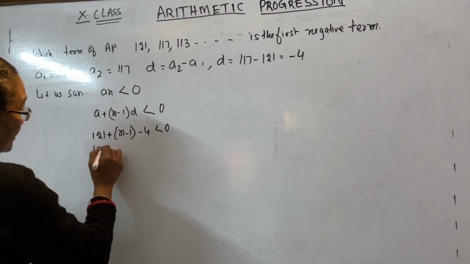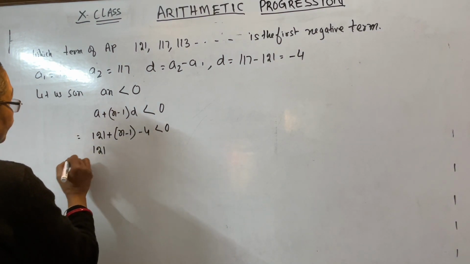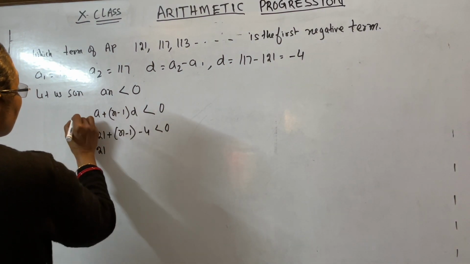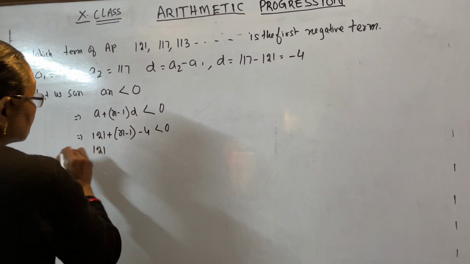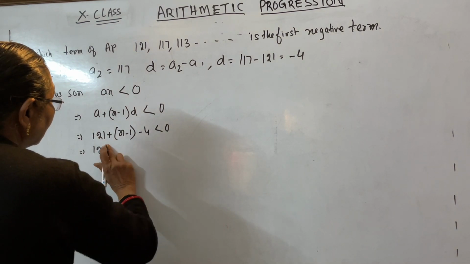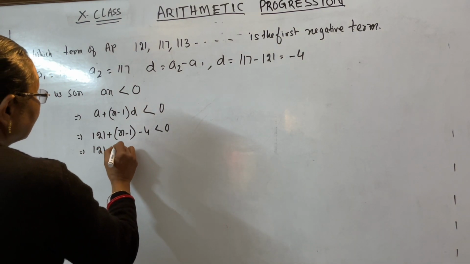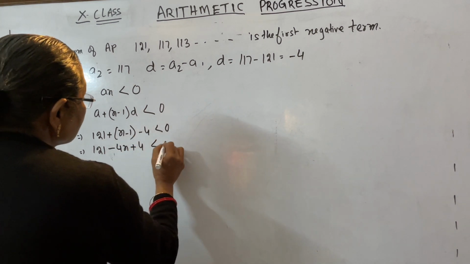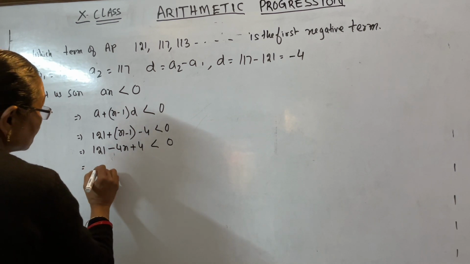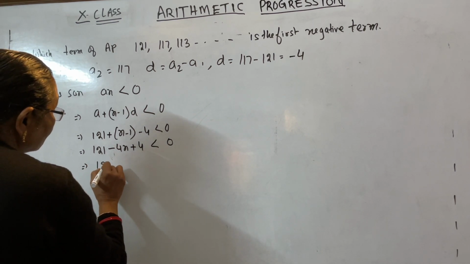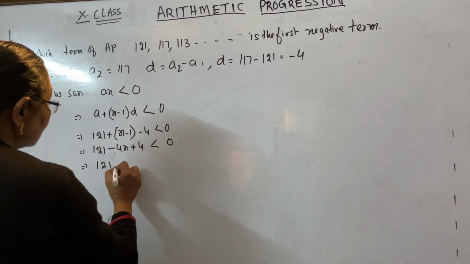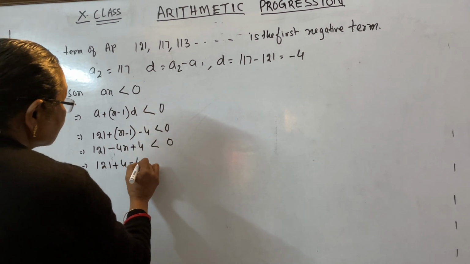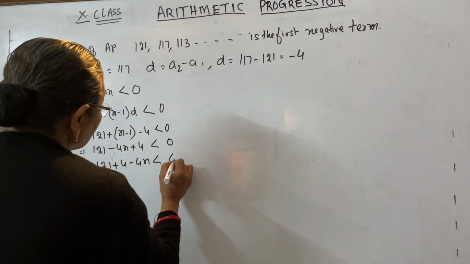Then 121, okay, implies, 121 plus into minus is minus 4n plus minus 4, that is less than 0. That implies 121 plus 4 minus 4n less than 0.